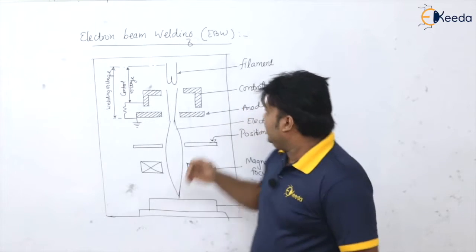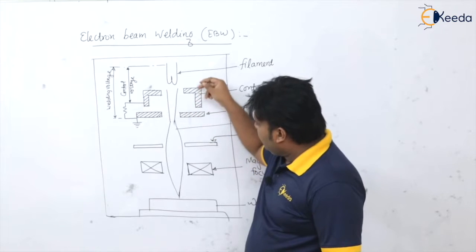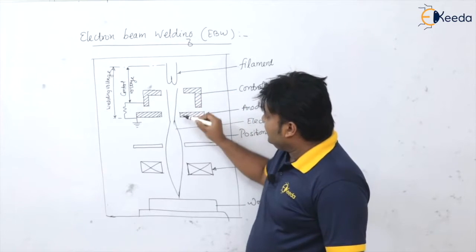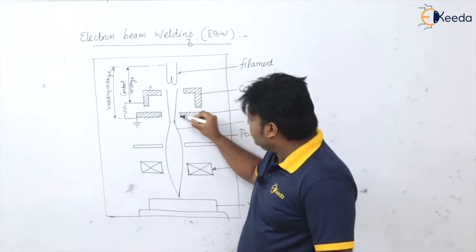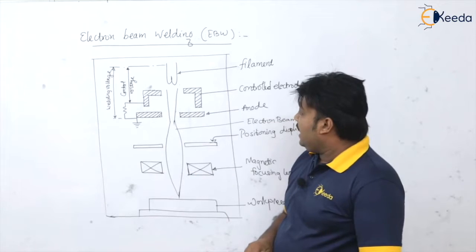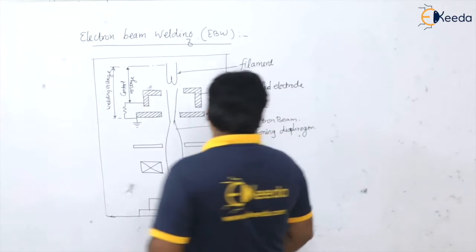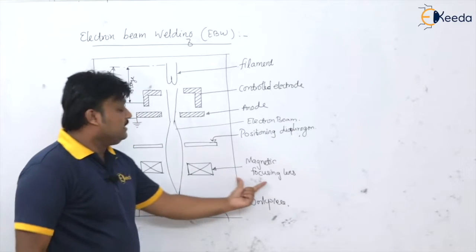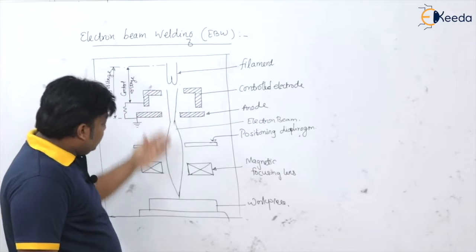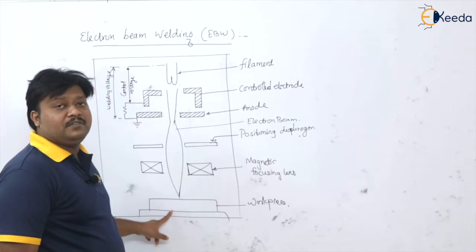The electrons are emitted from the cathode, and thereafter they get accelerated by this ring shaped anode. For focusing, we have electromagnetic focusing lenses, and finally this electron beam impinges on the work surface.